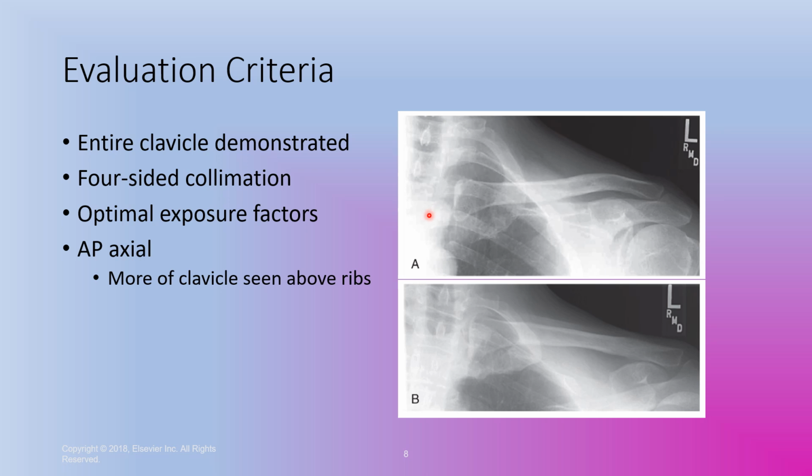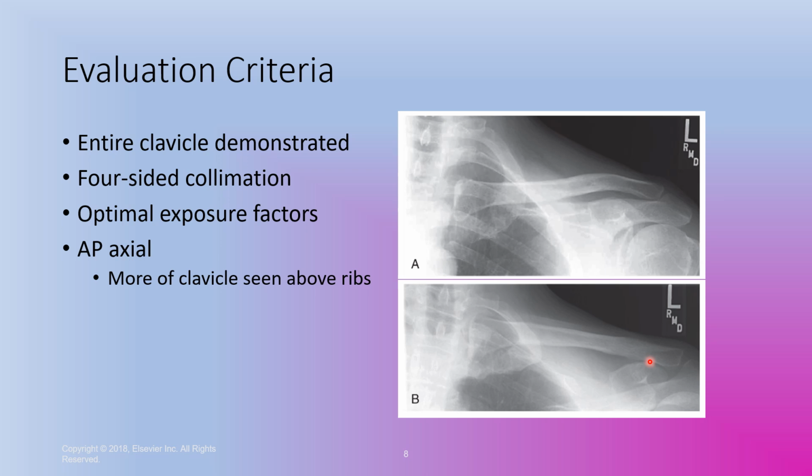Okay, so on the AP with the central ray perpendicular, you are going to visualize the clavicle as it normally would sit on the patient with no angle. And then the AP axial, you tend to see more of the clavicle above and elevated off the ribs. All right, so on the AP 0 degree, you have to visualize the entire clavicle, both AC and SC joints, along with the acromion process.